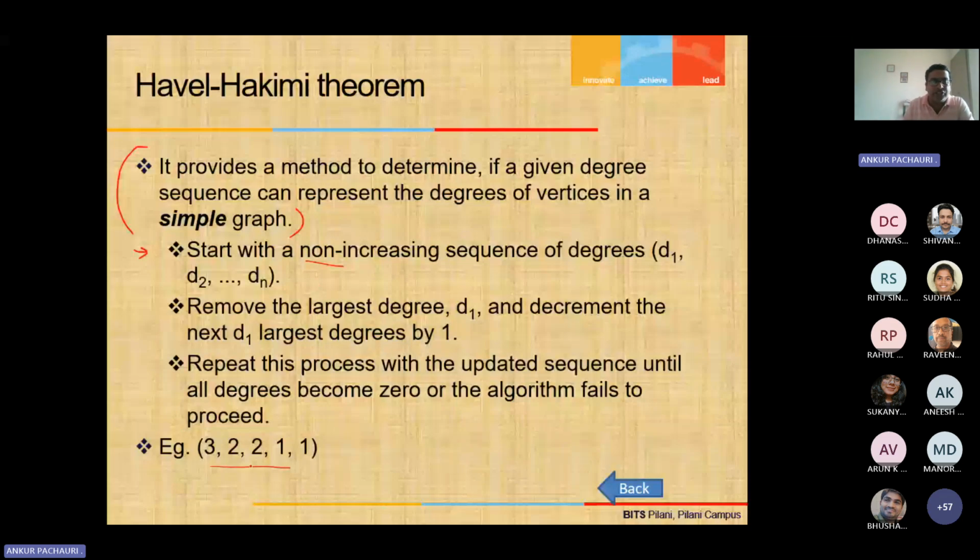Then remove the largest node and decrement the next largest degree by 1.